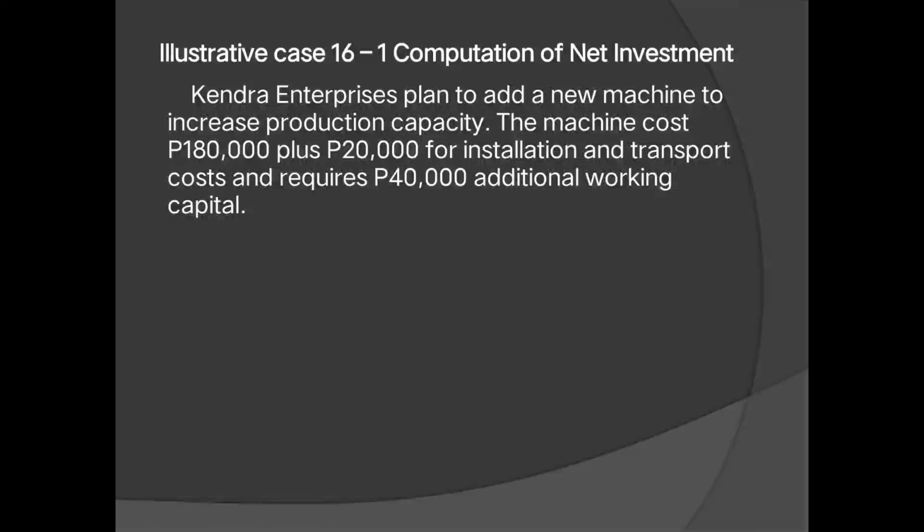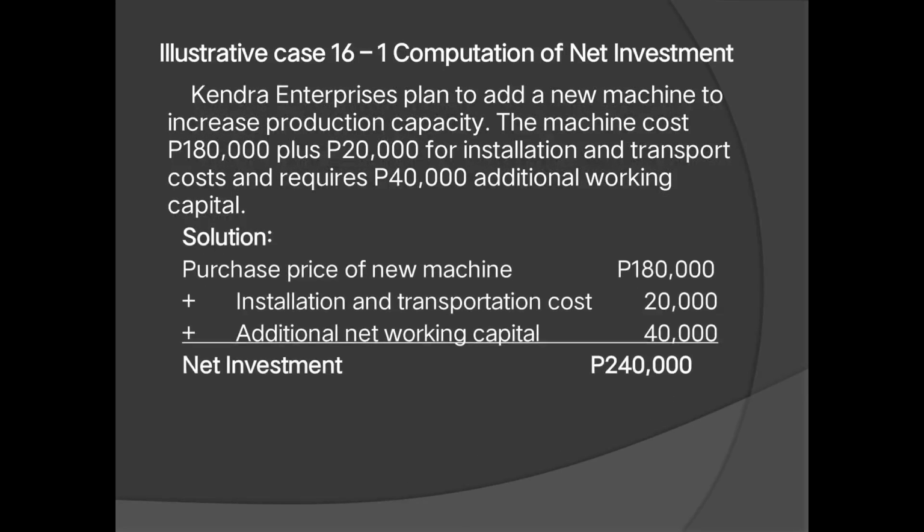So, from the given, mapapansin natin na puro mga cash outflows lang siya. Kasi wala namang nabanggit na ibebenta na old asset. So, ibig sabihin walang proceeds from old asset and yung tax effect. So, para ma-solve yung net investment, kailangan lang nating i-add yung mga cash outflow. So, ito yung solution doon.